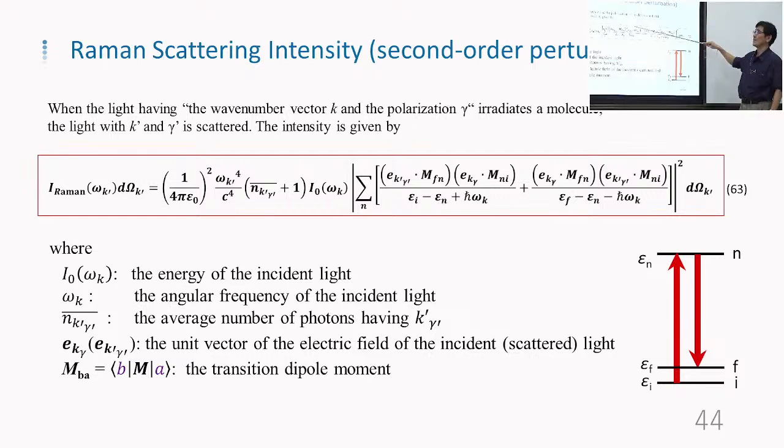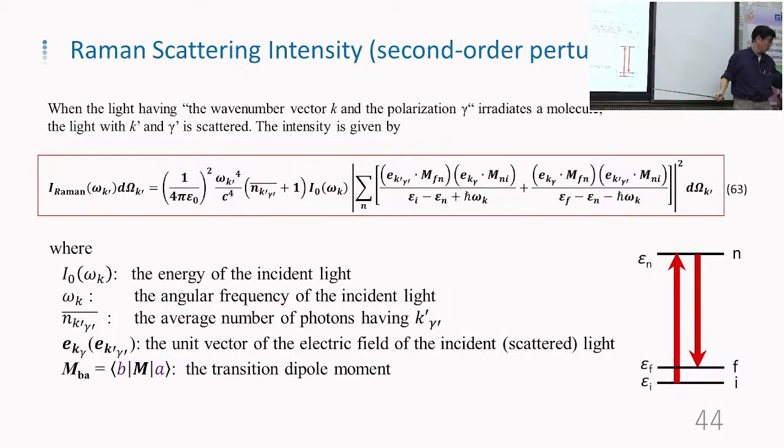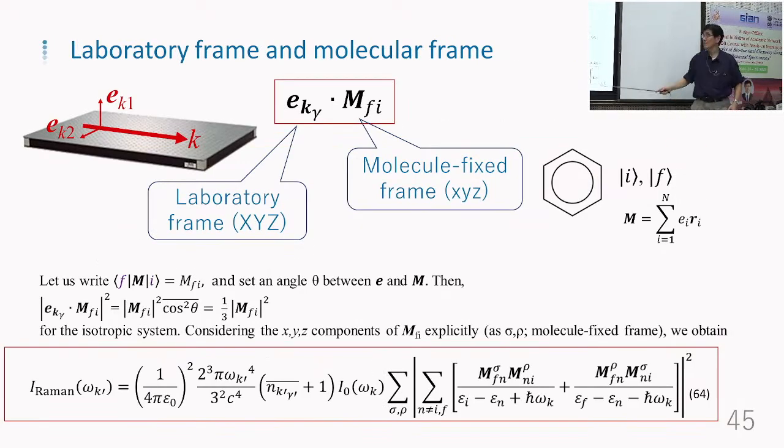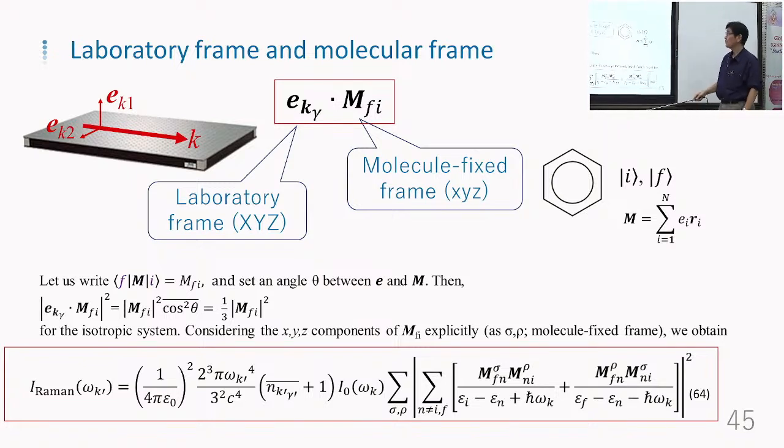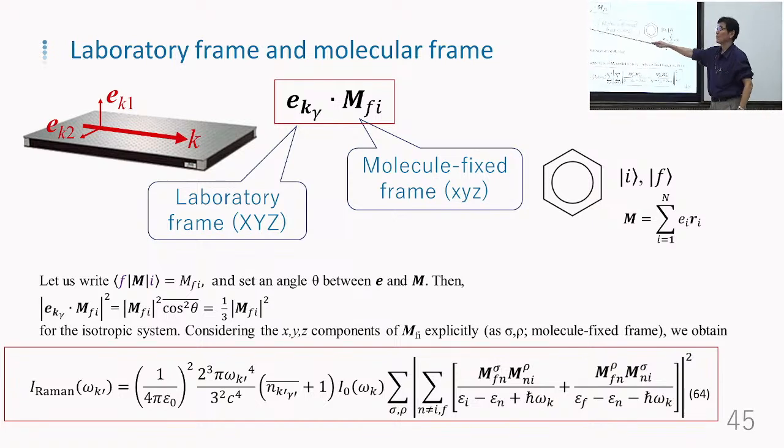So I derived this equation, and I explained it includes inner product of the vector E and M. But we should know E and M are defined in the different framework.